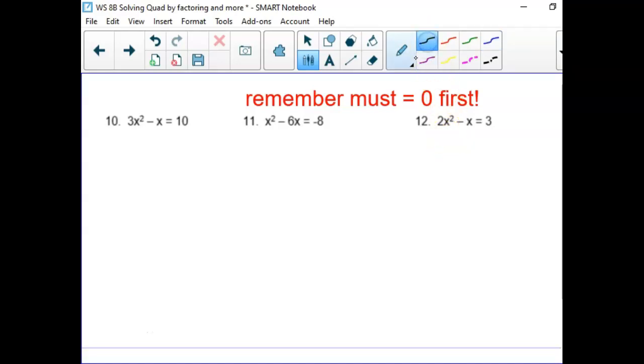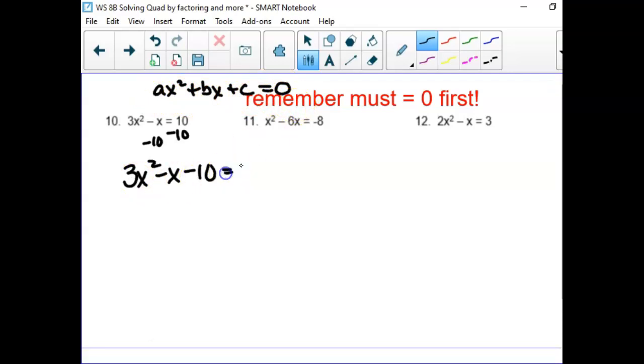Factoring only works for the zero product property, which means you have to have a 0. It has to equal 0. So if we subtract 10 over to this side, we get a 3x squared minus an x and a minus 10. Remember, we're trying to write it in ax squared plus bx plus c equals 0, that's our order. We want the constant at the end.